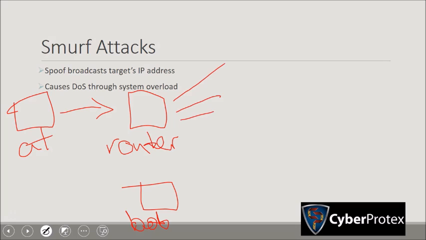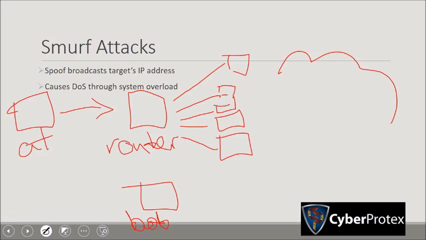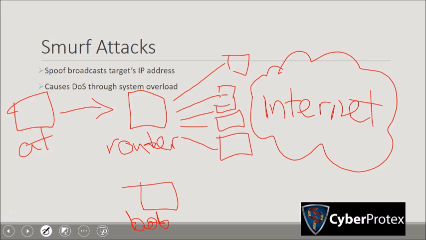Now every single thing on the router is going to respond to it, and they're going to send out their responses to the internet. And say this was a ping request, hit me back up with a ping, sent to the router.